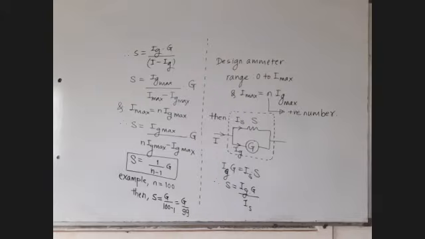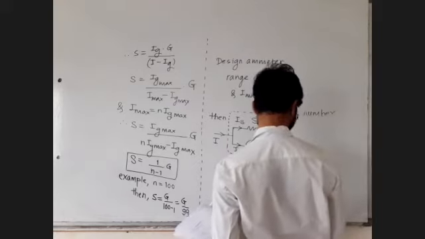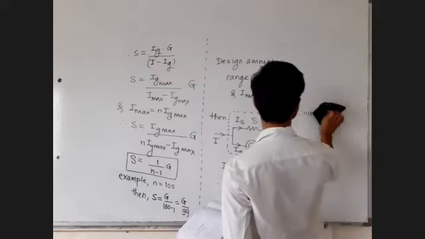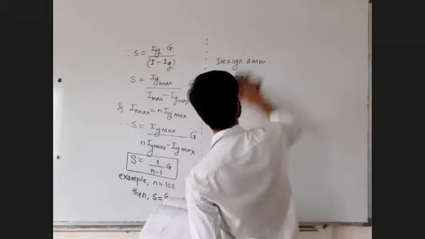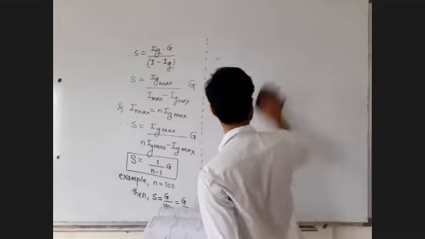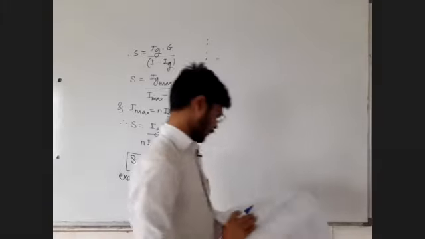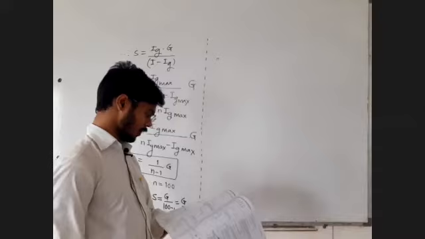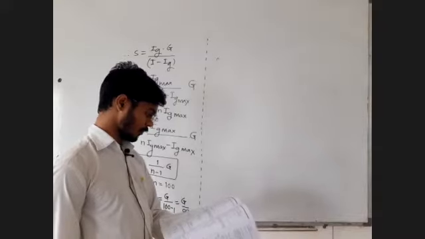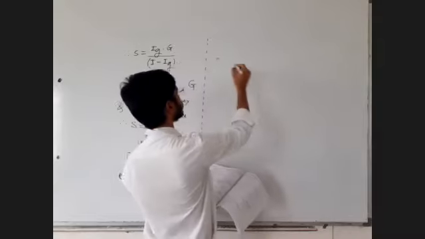Example number 75. Do it along with me. Example number 75. What is the value of shunt which passes 10% of main current through the galvanometer of 99 ohm?